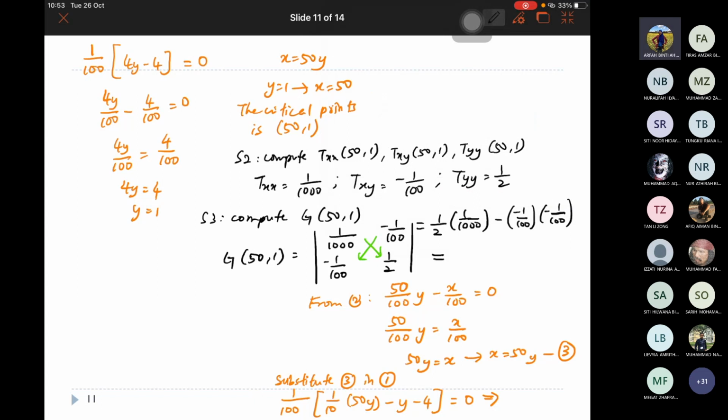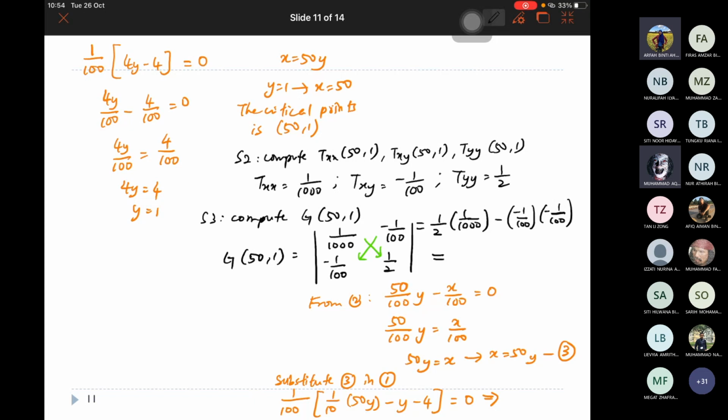So berapa nilai GAB? Anyone get the answer? Dalam perpuluhan ke pecahan tak?